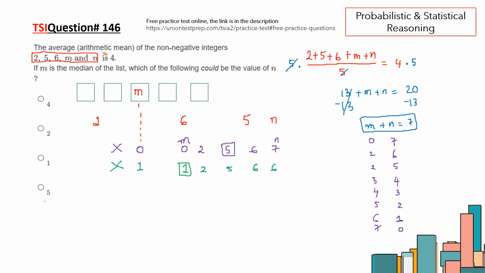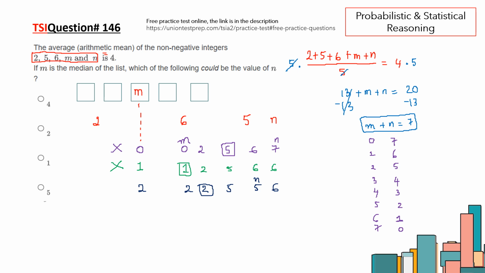We check for the number 2. If m equals 2, then we have 2, 2, and 5 is still in the middle, then n equals 5, and then 6.